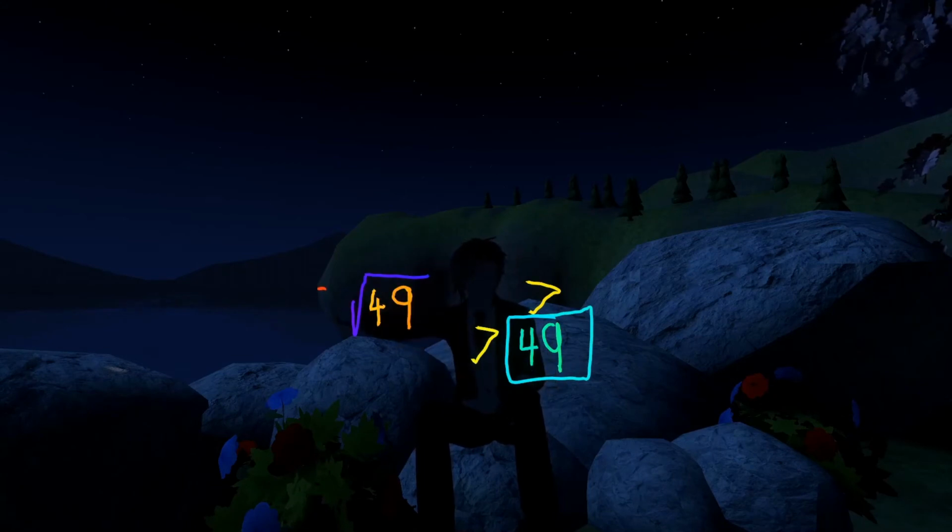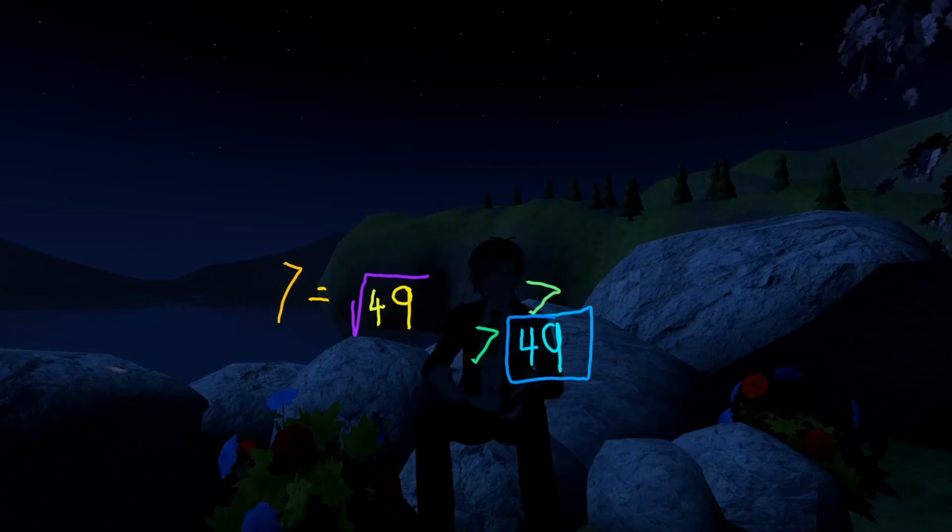Let's write this over this side. Because my square of size 49 comes from the lengths 7 and 7. That's what square root means. It's the origin of my square. It's what makes up my square.